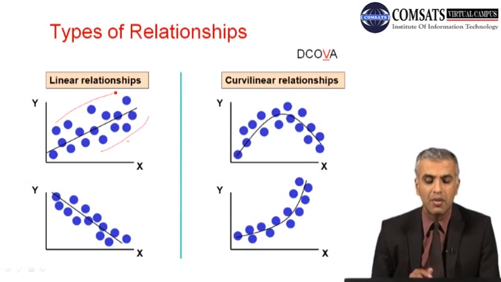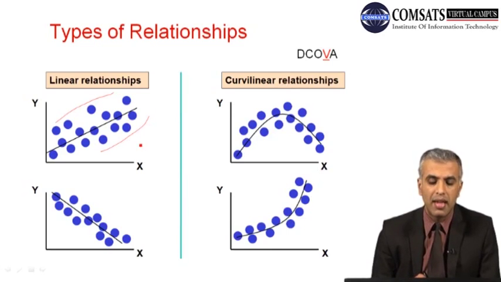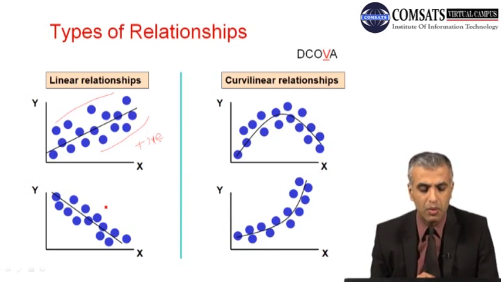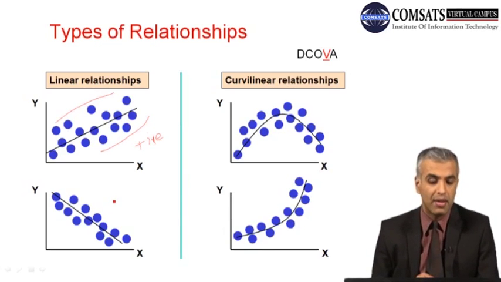As you can see here, this kind of relationship in the diagram is the positive one, which says that there is a positive relationship between x and y, whatever the variables are.